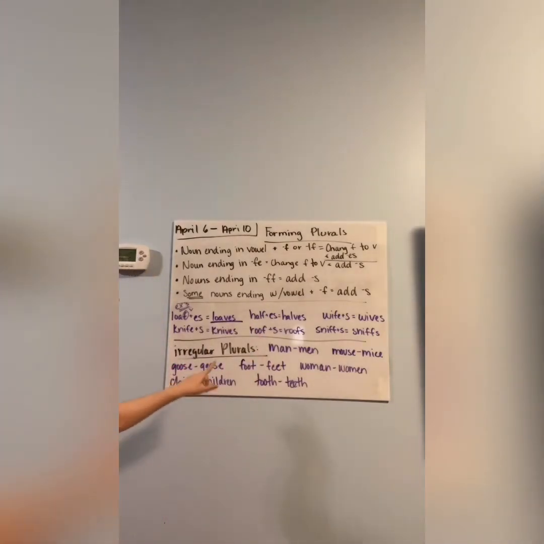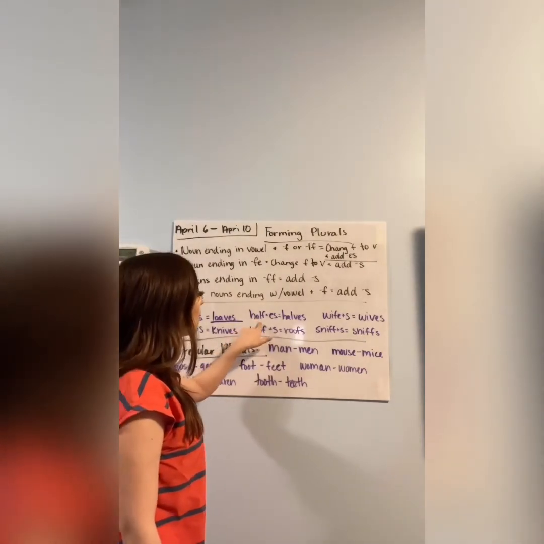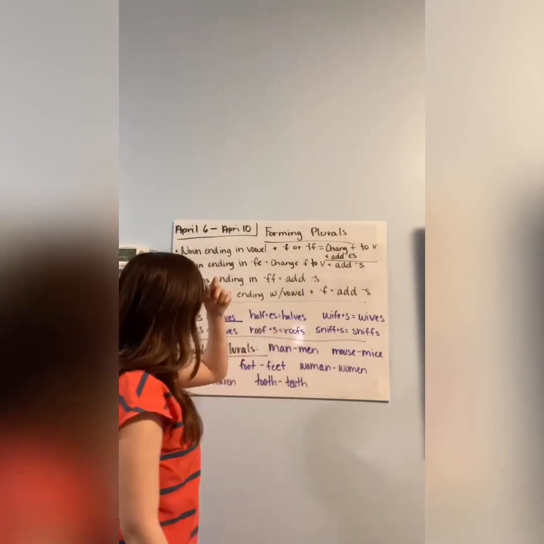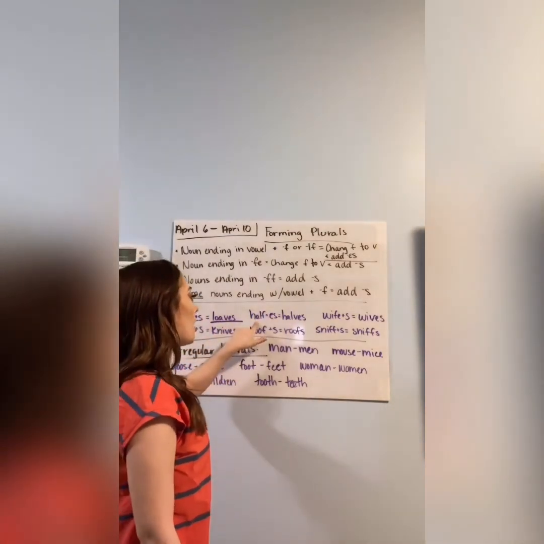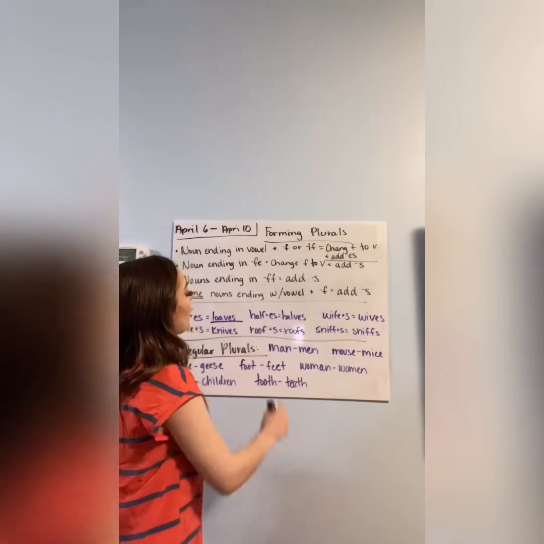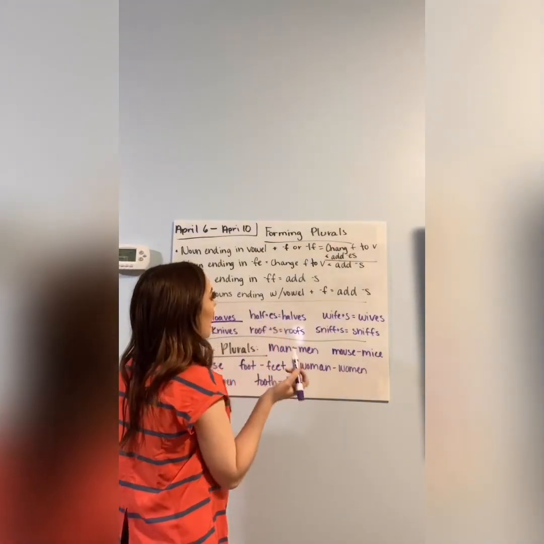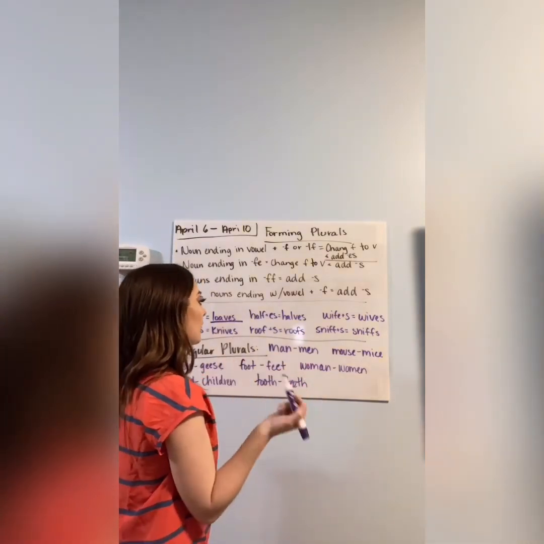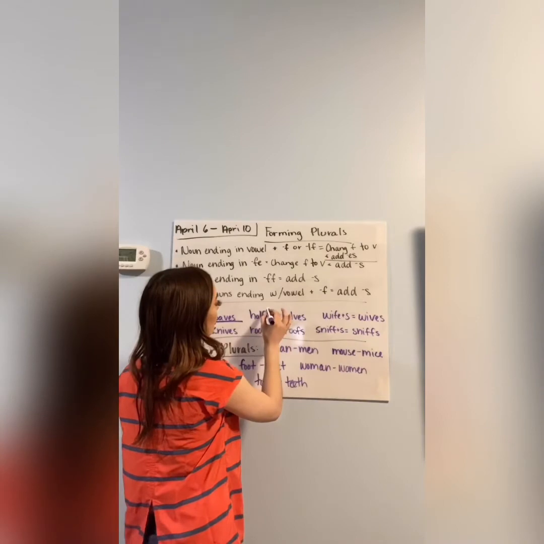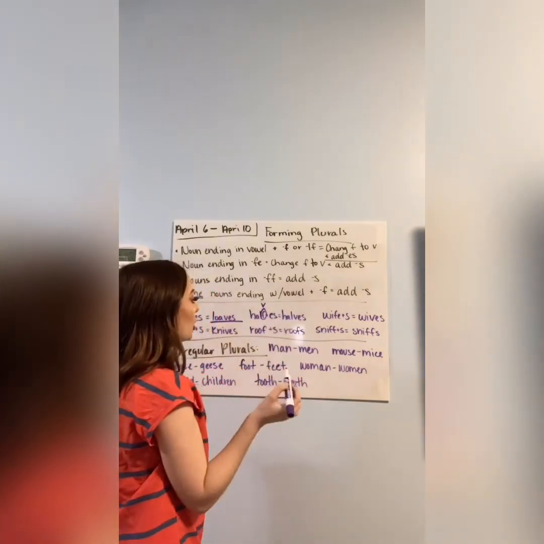Now let's look at our second example. The word is half. Let's look at the word. Our noun is half, and it ends with an LF. So since the noun ends with a vowel plus LF, what we would do is change that F to a V when making the word plural.